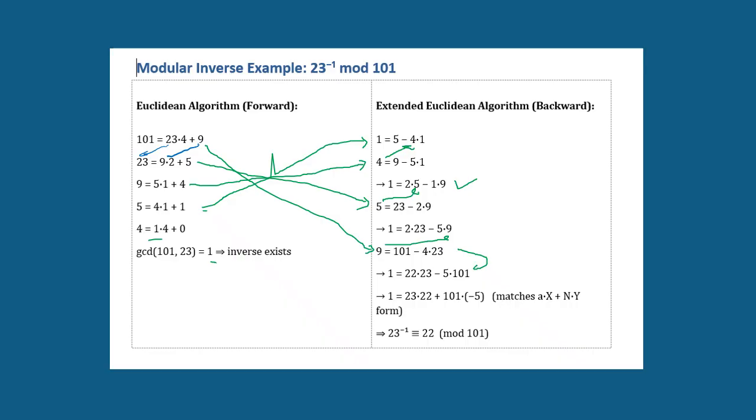So 1, replace this 9 with this 101. You reorganize, there's another 101, so then you will have this. This one is always 1 on the left. You reorganize, and then 101, -5, and then finally from here you have this last line.